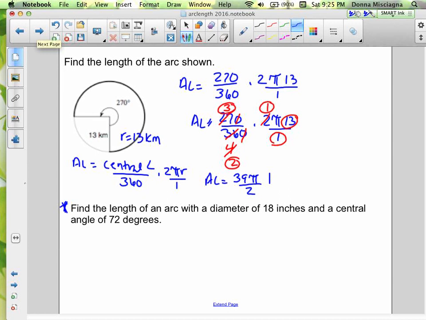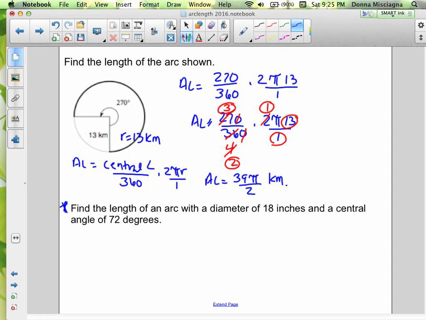And this is kilometers. So that's the length of that arc, right? It's 39 pi halves. If we wanted the entire circle, well, that would be 2 times pi times 13, or 26 pi.